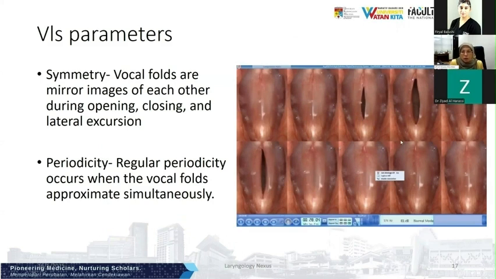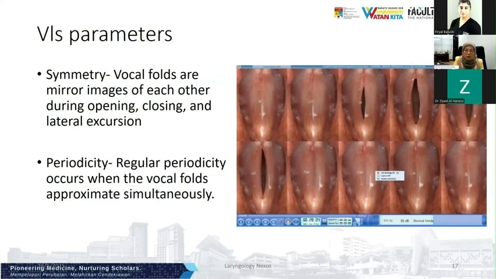And by using this montage and by looking at the open phase and closed phase, you can assess whether the mucosal wave is symmetrical or not. So what do we mean by a symmetrical mucosal wave? If you can see during the open phase, the vocal folds right and left open at the same time, that is symmetrical.